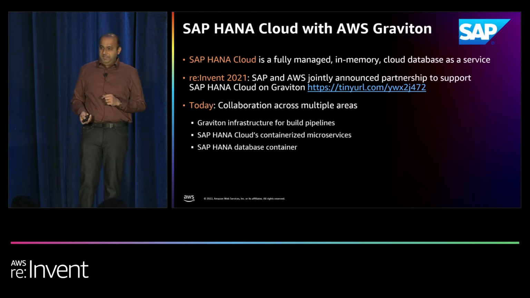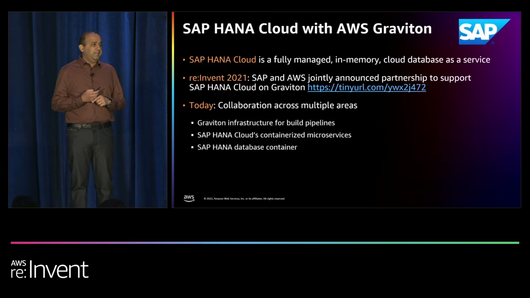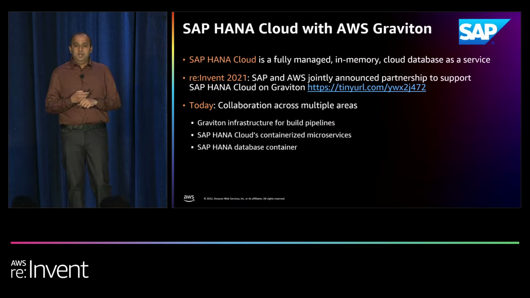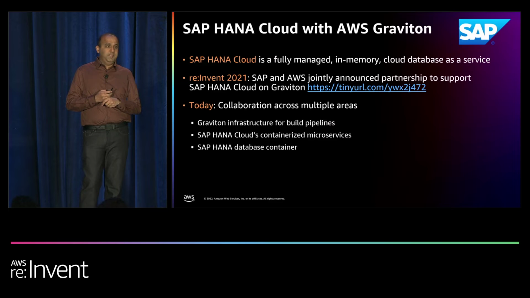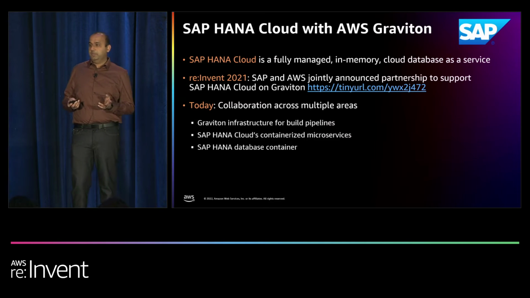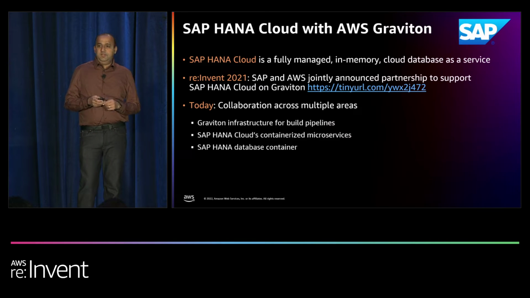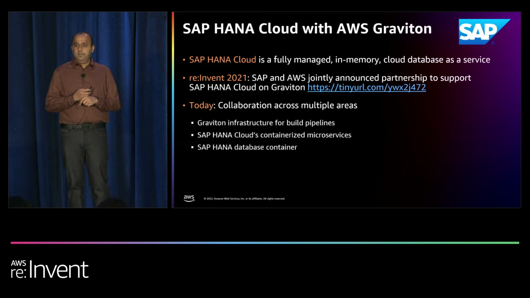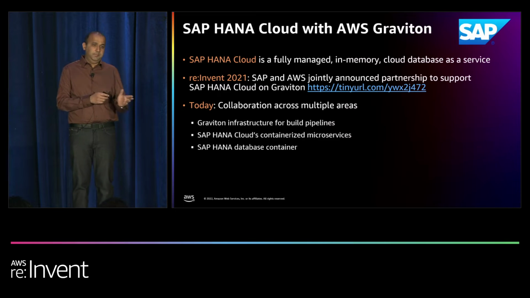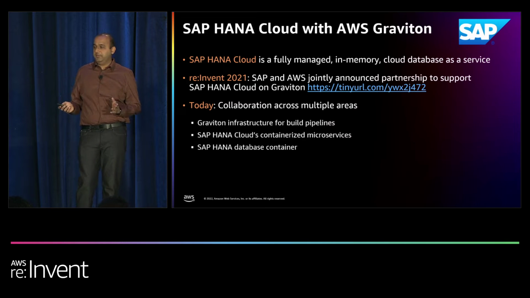So talking about databases, another exciting announcement that we had at re:Invent 2021 is that SAP and AWS jointly announced a partnership to support SAP HANA Cloud on Graviton. SAP HANA Cloud, as many of you may know, is a fully managed in-memory cloud database as a service. And since then, there's been collaboration between AWS and SAP across multiple areas.